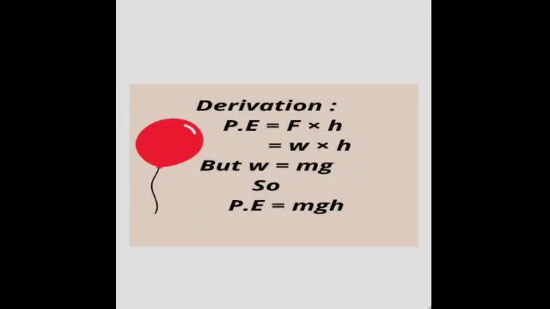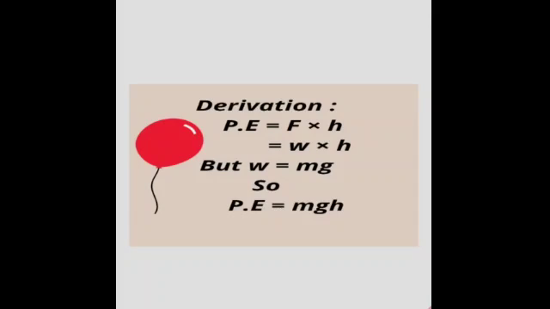Potential energy would be equal to F cross h. Like before, in kinetic energy I equated kinetic energy to work done. Similarly, potential energy is also equal to work done, and the work formula is force multiplied by distance. Here our distance is replaced by height h.